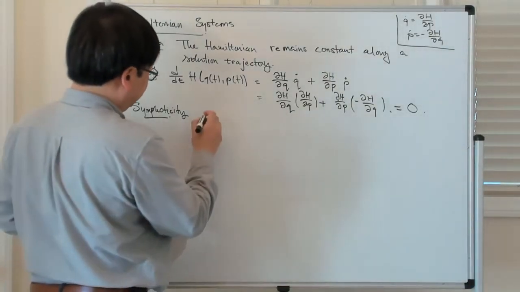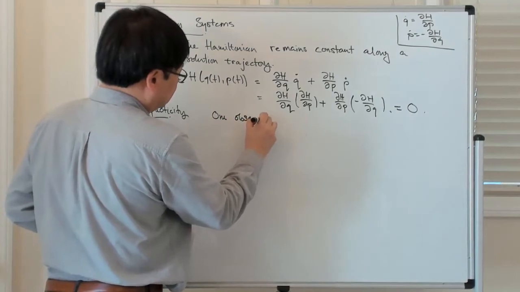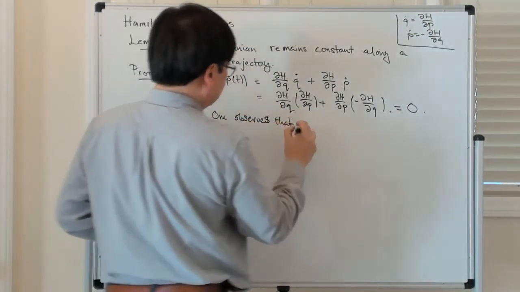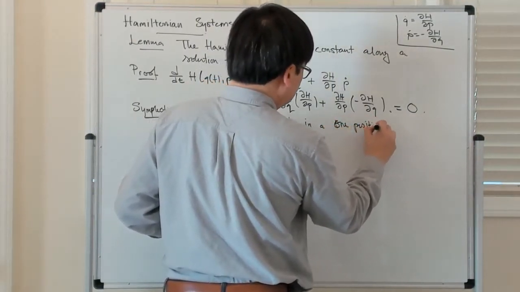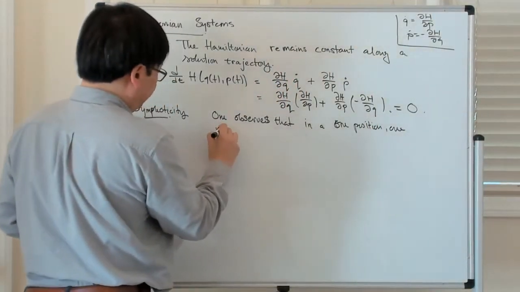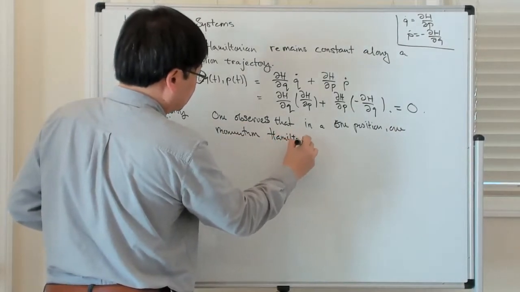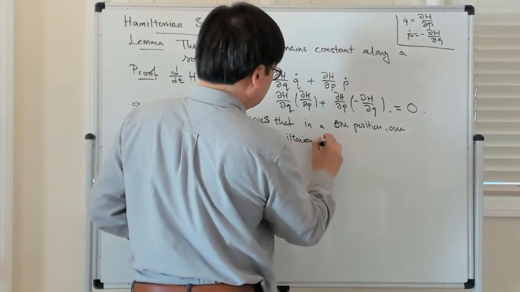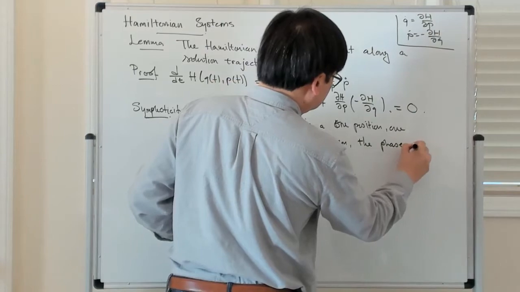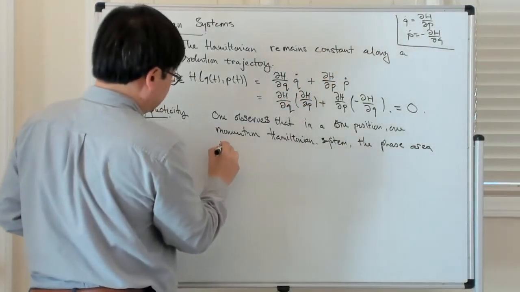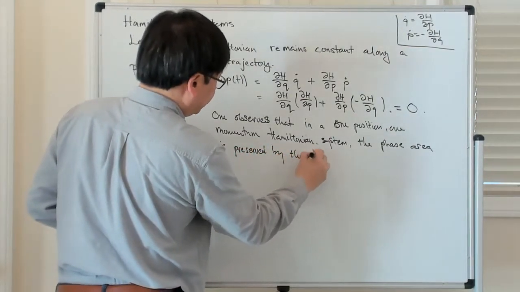So one observes that in a one position, one momentum Hamiltonian system, the phase area is preserved by the Hamiltonian flow.